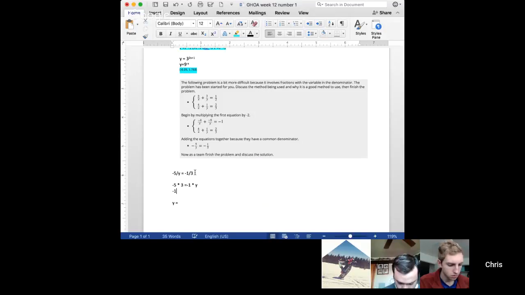We get -15 is equal to -y. And if you divide both sides by -1, you get y equals 15.